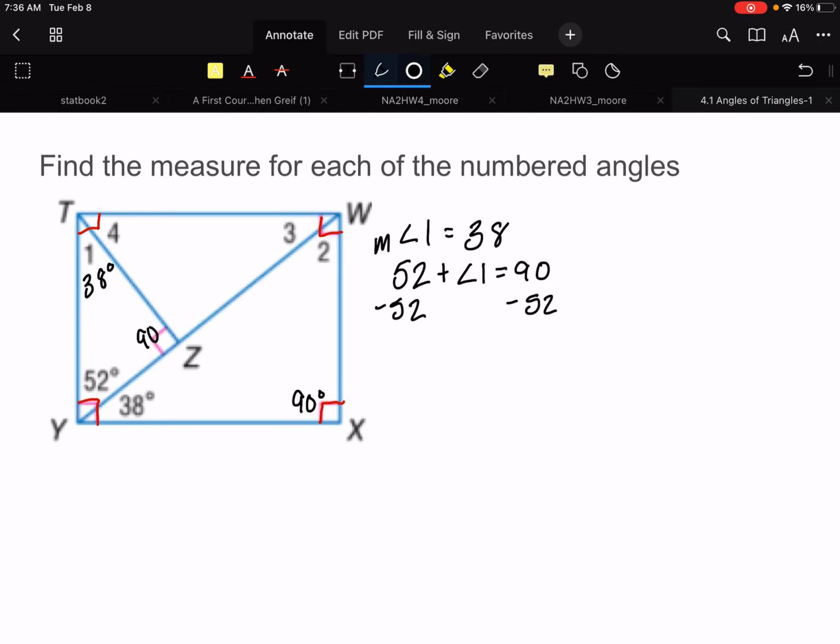And again, I know I'm going out of order, but it'll be all right. Because I know that it should be 38 plus angle 4 equals 90 degrees. Again, subtract off that 38, and then you're going to get 52.